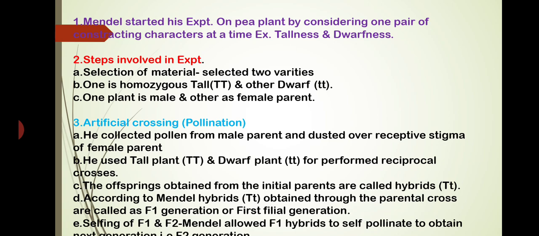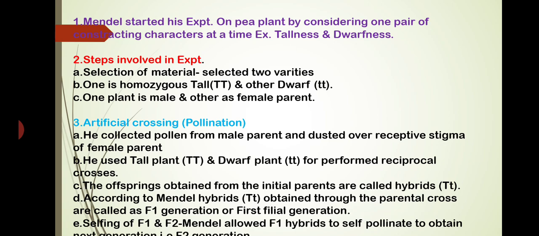The capital T plant produces capital T gametes, and the other plant produces small t gametes.